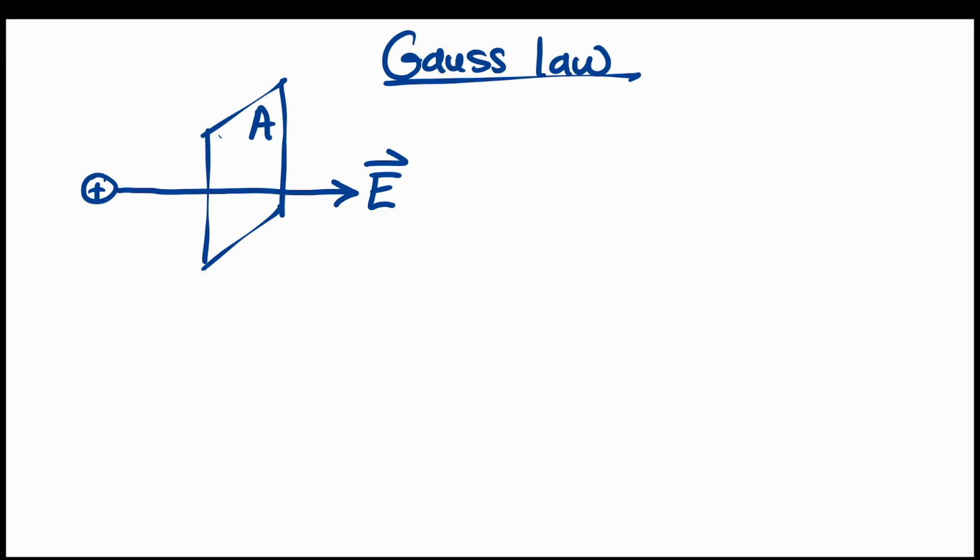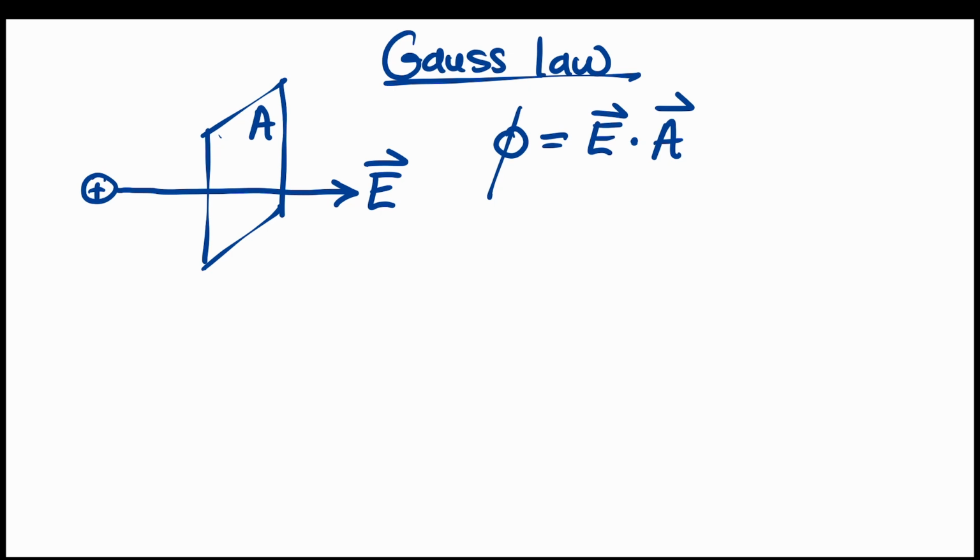Well, the flux of the electric field through that surface is given by the electric field times the area.